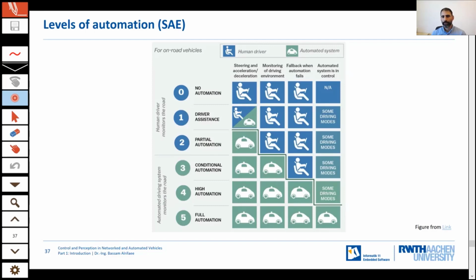So if we go further, we can also go to level 2, where we have somehow a lane keeping system. I am not sticking to the word lane keeping, because if you go to different car manufacturers, you will hear different terms about lanes.